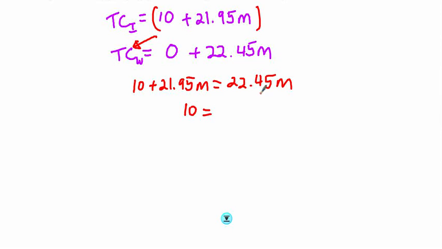And so we can now solve. 22.45 minus 21.95 leaves us with 0.5m. Divide by our unwanted factor, and we have m equal to 10 divided by a half, which is 20.